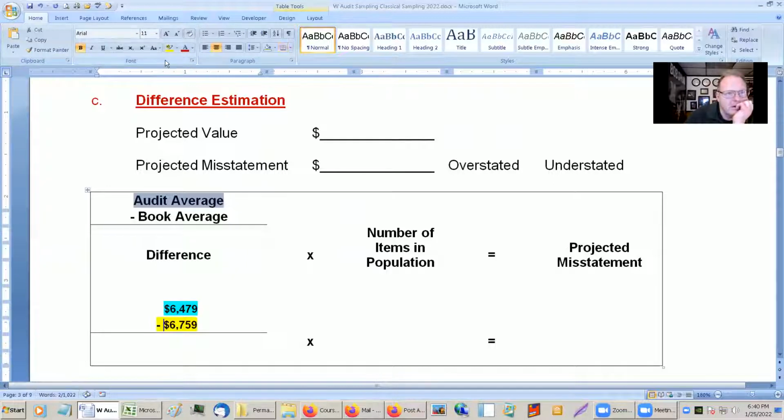So here's the audit, here's the book, and we're going to get a difference here. 64.79. $280.